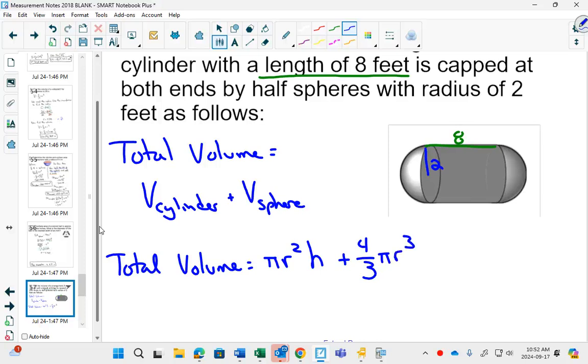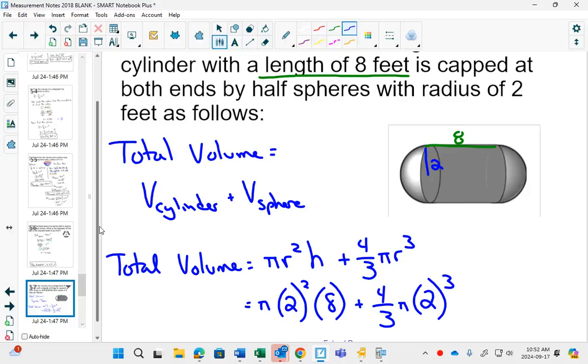So I need the radius of the cylinder and its height, and I need the radius of the sphere. Luckily, all of that information is given to us. On the cylinder, the radius is 2, the height is 8, because it's turned on its side. For the sphere, the radius is still the same 2.